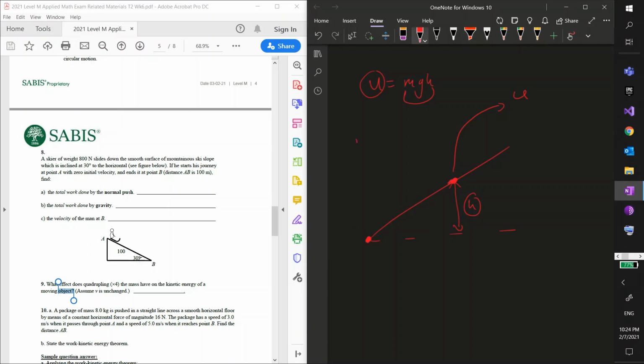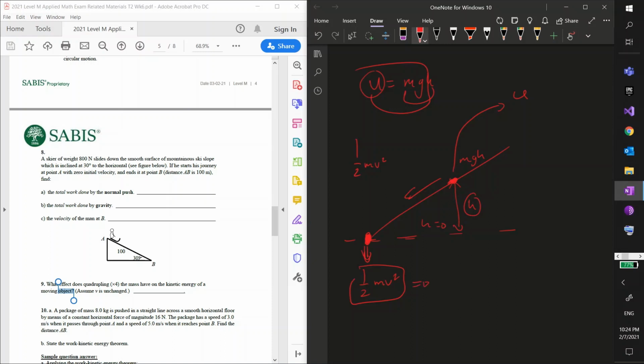Motion is kinetic energy, which is half mv squared. So here at the last point, your potential energy will be 0 because you're at the floor. That means your height is 0. But you will have kinetic energy because you're moving. Kinetic energy is half mv squared. So at the top you had mgh and at the bottom you had half mv squared.